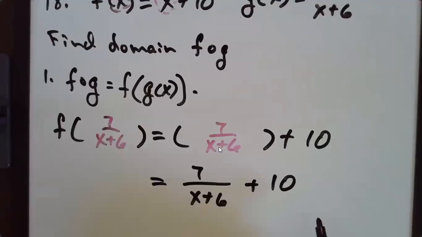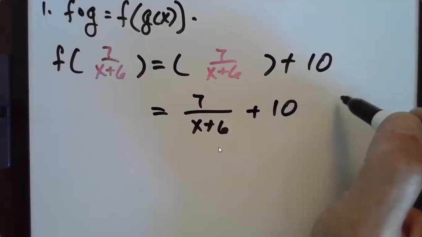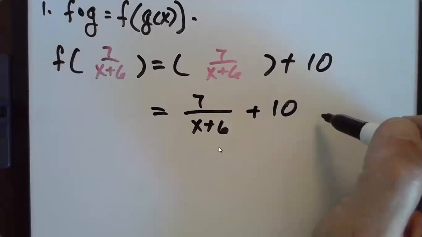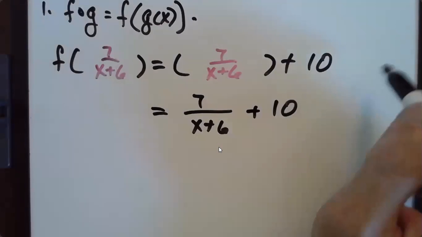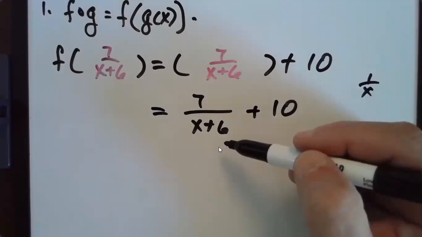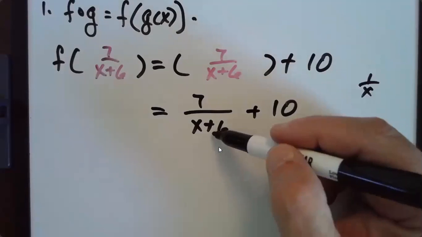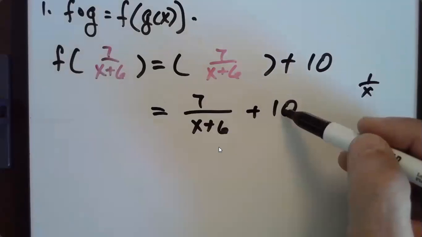Now, if we were to use transformations, this is basically a reciprocal graph where this is going to shift left 6 and up 10, right?